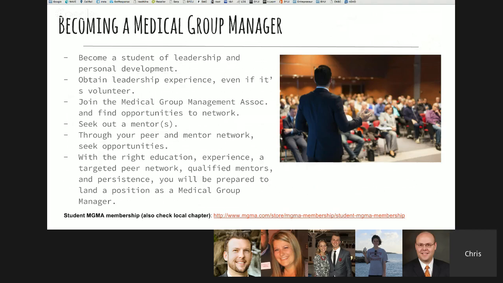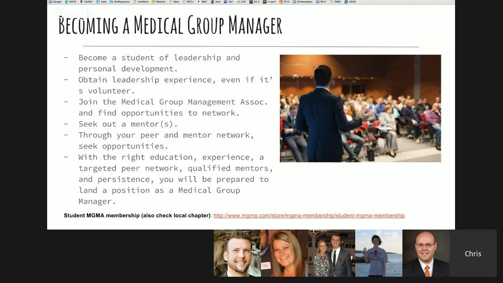So, becoming a medical group manager. In my understanding of this, I think sometimes we can overcomplicate things, and I came up with a simple plan of what that looks like. First and foremost, you want to become a student of leadership and personal development, and what that looks like is constantly reading and educating yourself on leadership and leadership tactics, and doing your best to be the best you and becoming a leader.